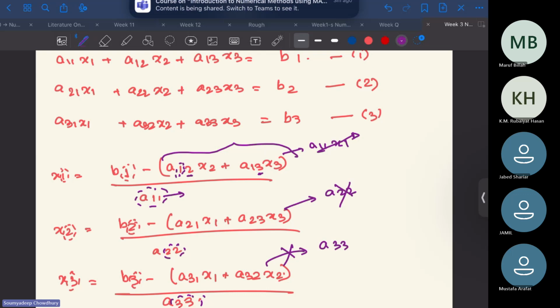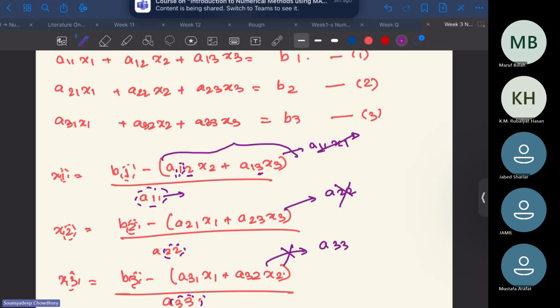So the error variable E is calculated for x1, x2, and x3. Then we find the average error, which is the absolute sum of these divided by n, the number of unknowns. Right. So from error, we then increment the iteration.